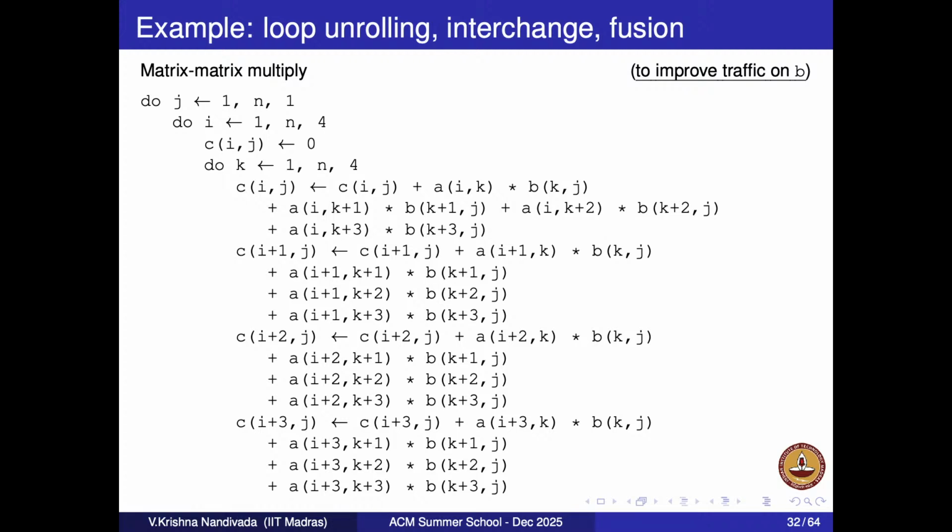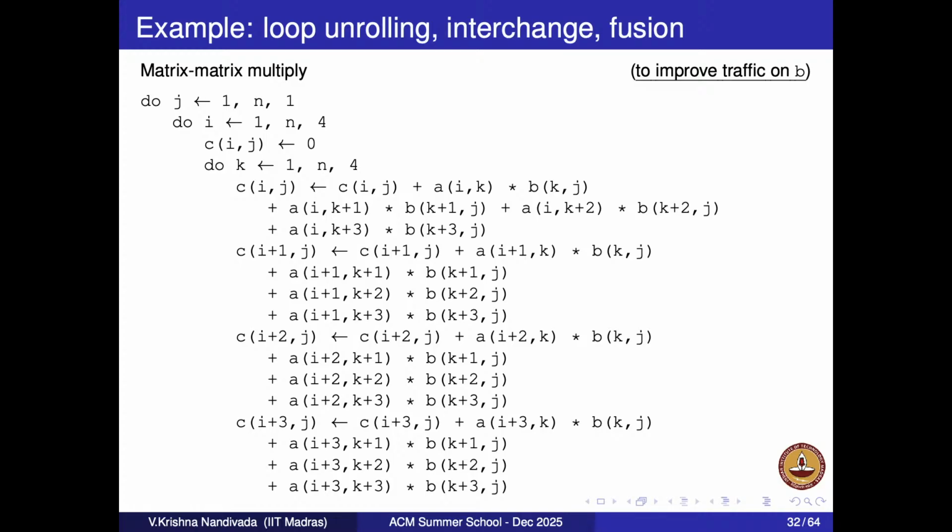By the way, here there is a Cij0, there is a typo there. I should have fixed it. That Cij0 should become Cij equal to 0, Ci plus 1 comma j equal to 0 and so on.